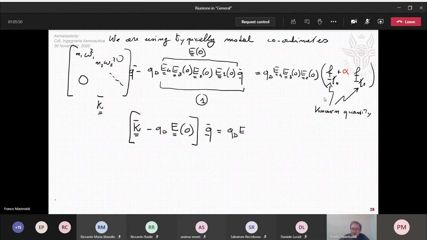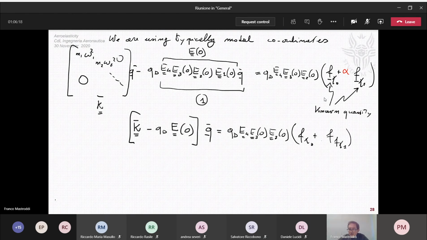You have E4, all known quantities, by the flow is 0, E2, 0, and then you have this special known term. Note that all this on the right hand side is a forcing vector. You know this vector because you know alpha.